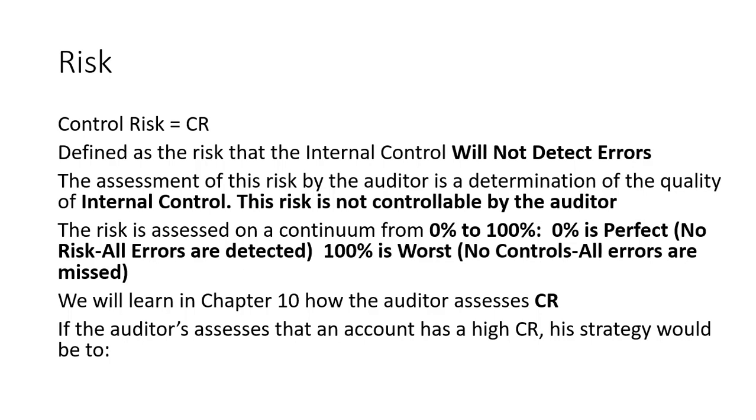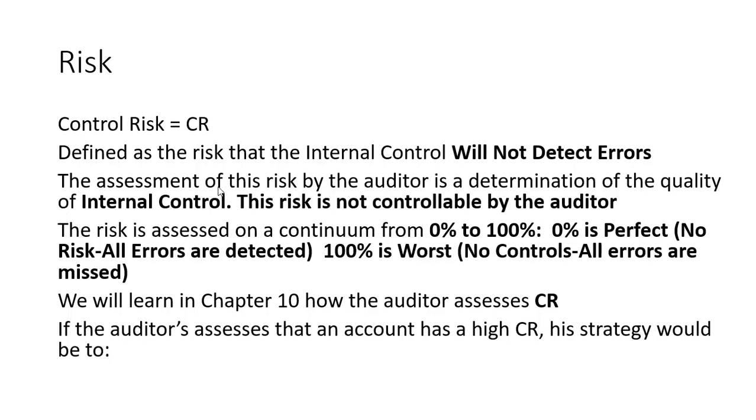100% is the worst, which means no controls. All errors are missed. You think there's a system like that where there's no internal control? Absolutely. Small companies that are not run very well wind up with no internal controls.